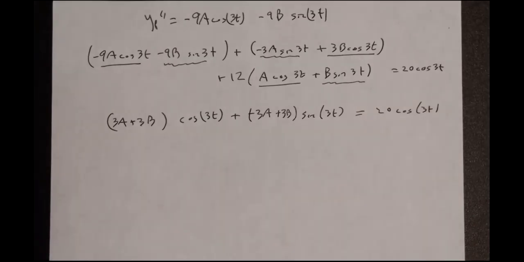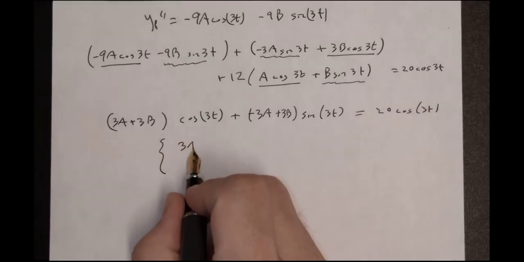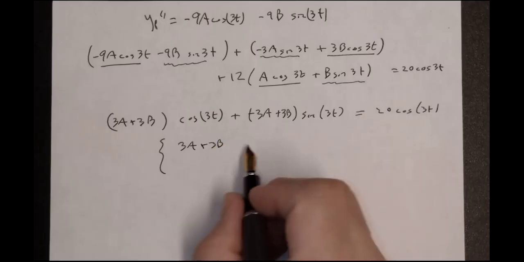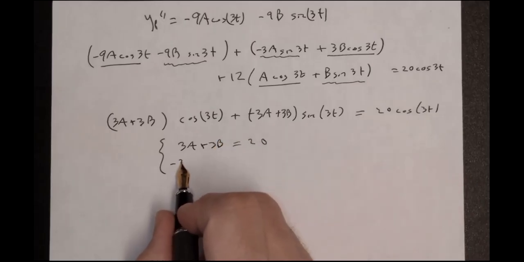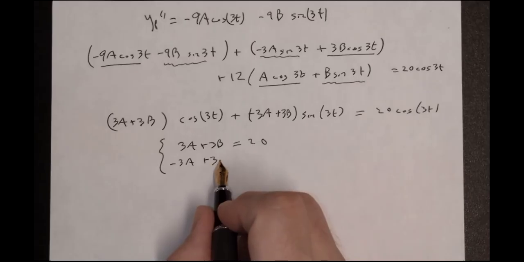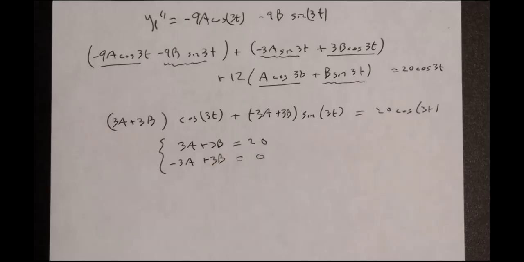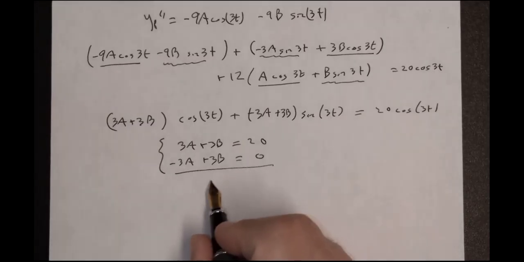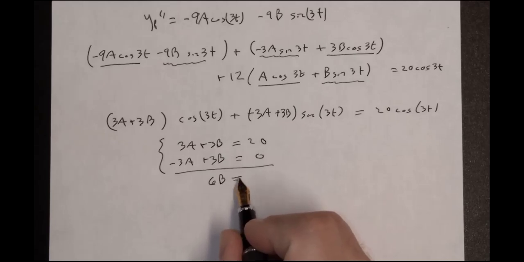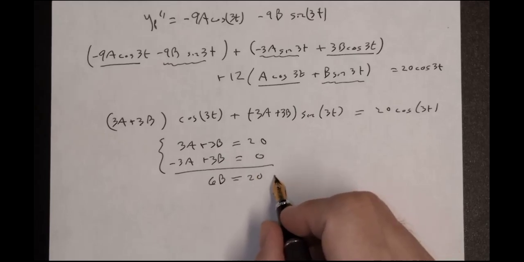And now I know 3a plus 3b should be equal to 20, and negative 3a plus 3b should be equal to 0, because there are no sines on the right-hand side. Add those equations, you get 6b equals 20.